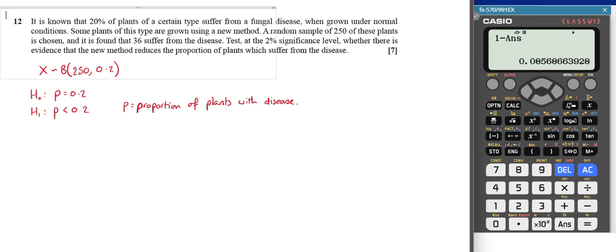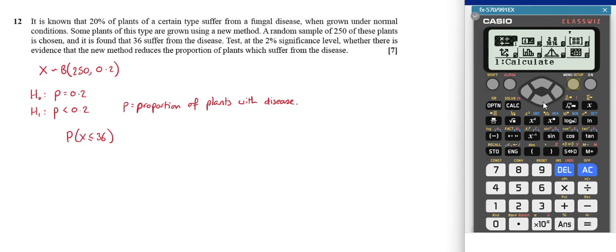I then want to find the probability that I get 36 or fewer. So the probability that x is less than or equal to 36, because this is what I'm going to compare with. What's the probability that I get 36 or fewer plants with this disease?